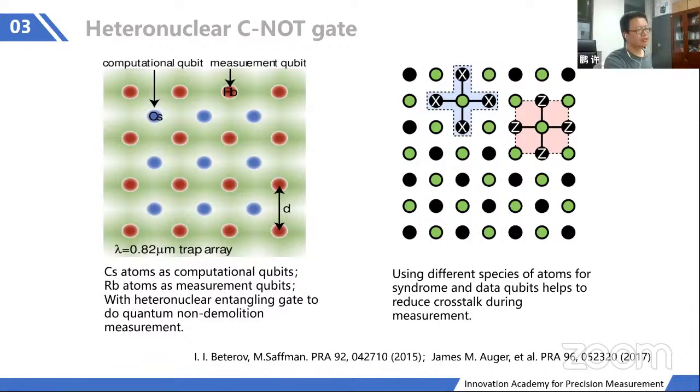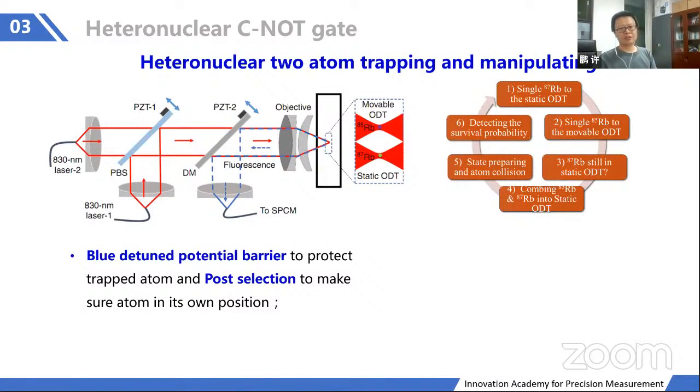And for heteronuclear systems, how can we construct the CNOT gate between two different species? Here we use the Rydberg interactions. First, we use this setup to trap a rubidium-87 in one trap and a rubidium-85 in another trap.